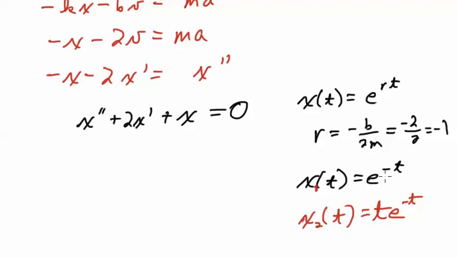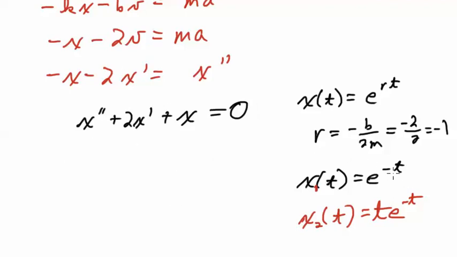and I'm going to show you that any function of this form will satisfy this equation, and any function of this form will also satisfy this equation. And this is actually kind of an unusual case that we can introduce this t variable here, and it has to do with what's basically called a double root of this characteristic equation.